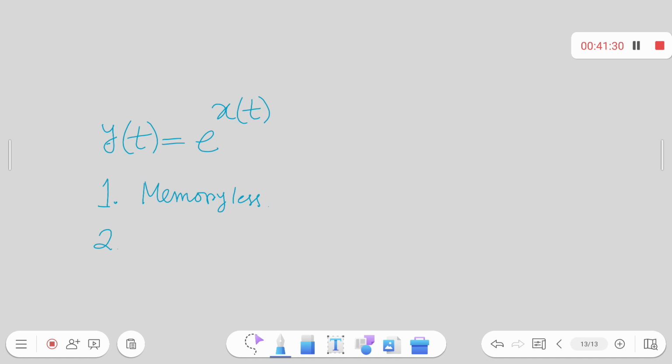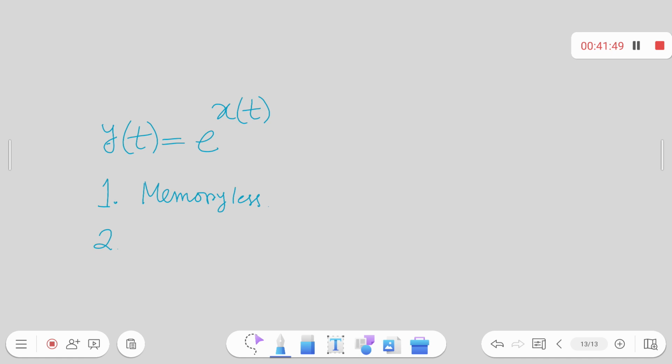Because it is a BIBO stable system. Why? What was the definition of BIBO stable? If the input is bounded, the output is also bounded. Some of you have said this is not a BIBO stable system. Why?